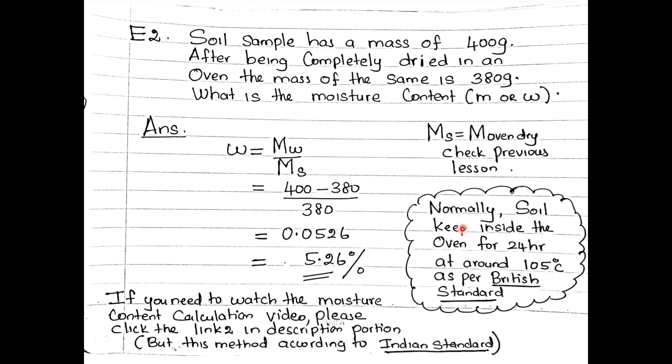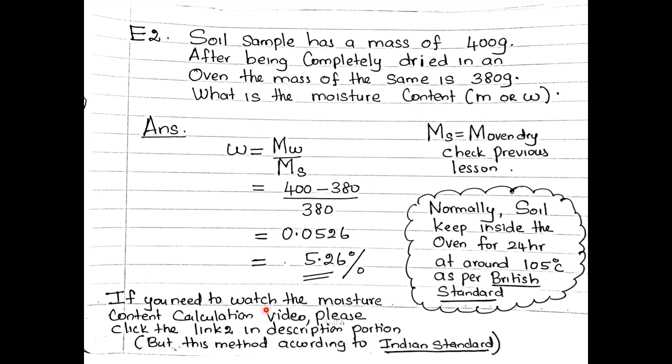Normally soil is kept inside the oven for 24 hours at around 105 degrees Celsius as per British standard.